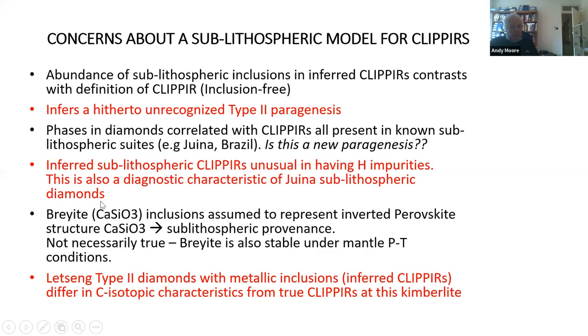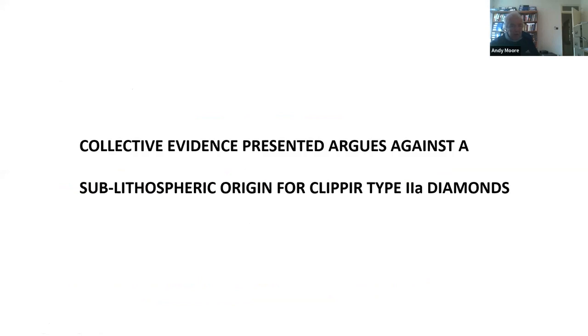There's the problem in interpretation of breyite. And then at Letseng, although there's only a small number of sublithospheric diamonds, they don't shout out for a link to the associated Cullinan-type diamonds at this important locality. And we believe that collectively, this evidence argues against a sublithospheric origin for the Cullinan-type II diamonds.